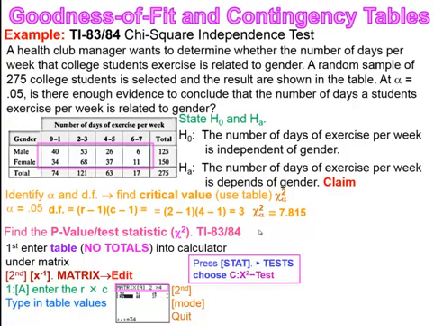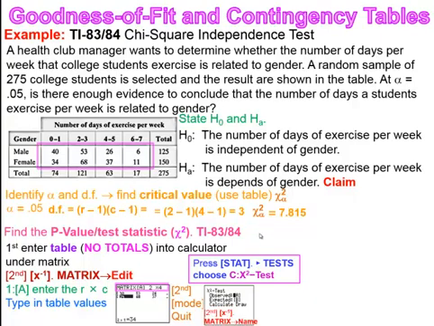Now you're going to go to your stat button and arrow over to test. Choose the option that has the chi-square symbol test. In most calculators it's the value C, but make sure you're in the right option. Then you're going to have this screen where it already has the observed with your matrix A in there, and the expected will be calculated for us.